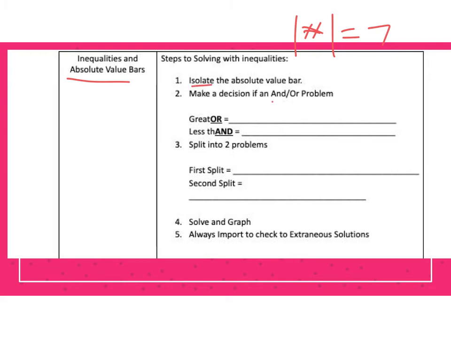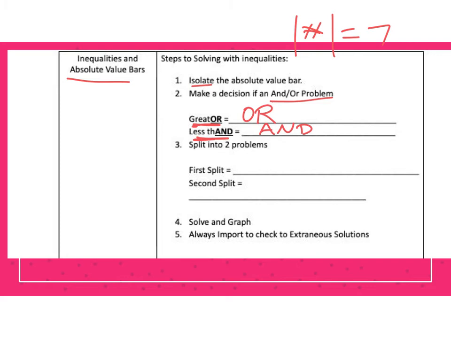Make a decision if this is an AND or an OR problem. If the absolute value is greater than whatever is on the right, then it is an OR problem, greater. If it is less than, it's going to be an AND problem, less than, okay? Think about these words when you plug these in. So you're going to split into first problem.